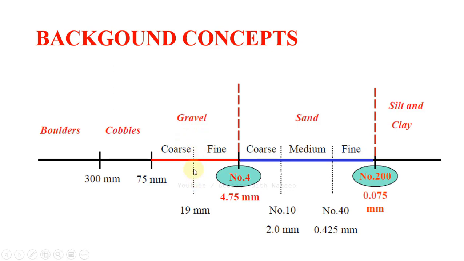If the size of the coarse material is greater than 19 mm, then the gravel is coarse. Then comes the size of cobbles, in the range between 300 mm and 75 mm. The size of particles greater than 300 mm is termed boulders.